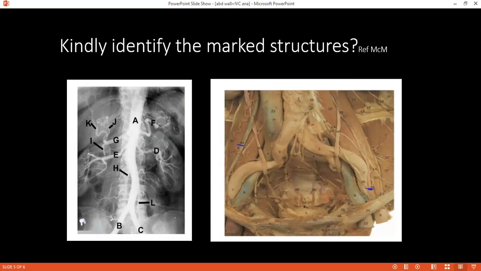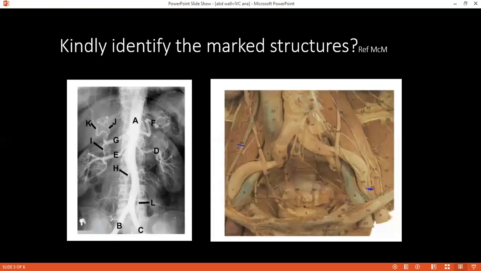J is the left branch and K is the right branch of the hepatic artery. I is the gastroduodenal artery. E and D are the left and right renal arteries. H is probably the superior mesenteric artery, and L is the inferior mesenteric artery. B and C are the left and right common iliac arteries.